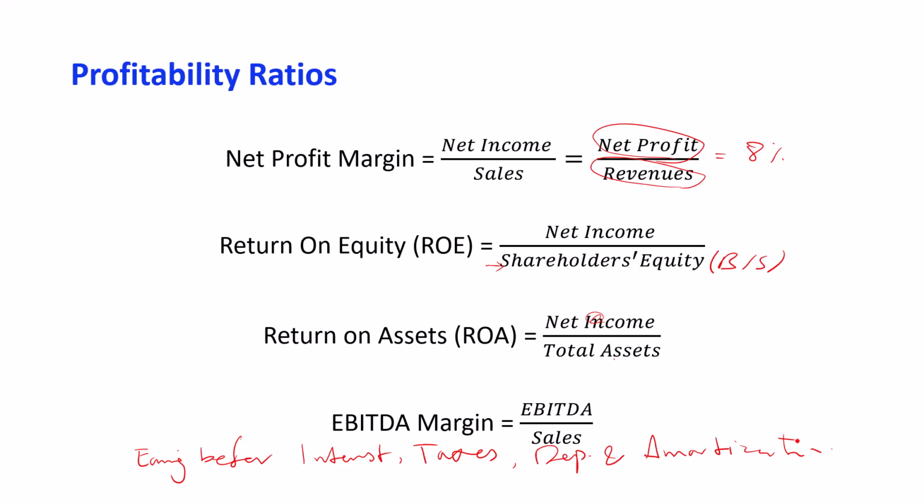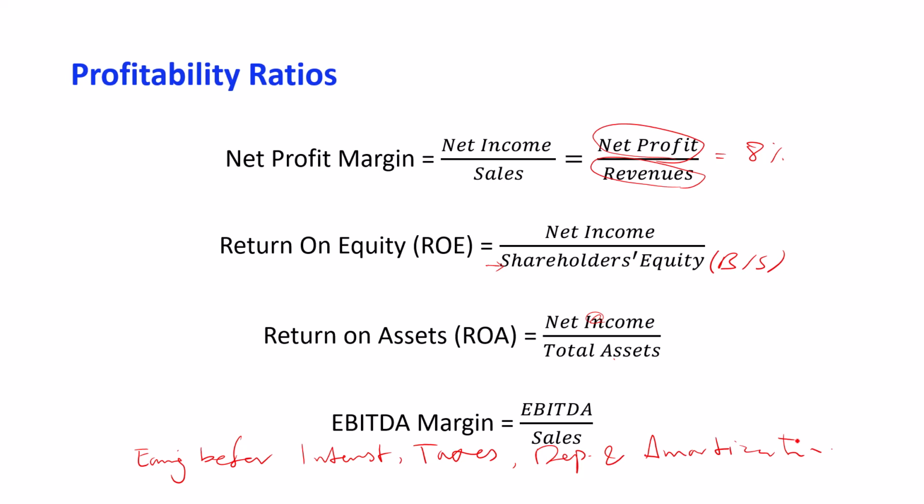So since companies have different tax liabilities and capital structures, meaning that they pay different amounts of interest, this EBITDA provides a way to compare the performance of different firms more directly, right?